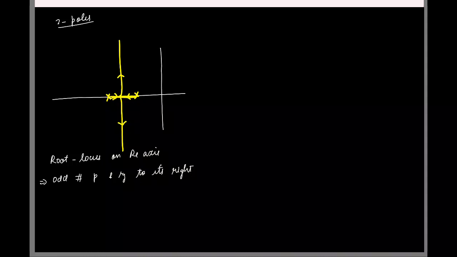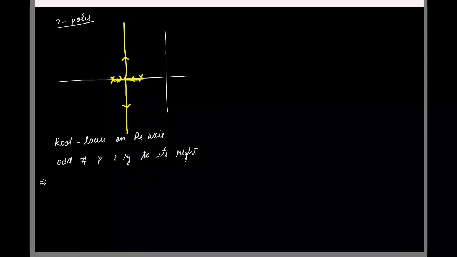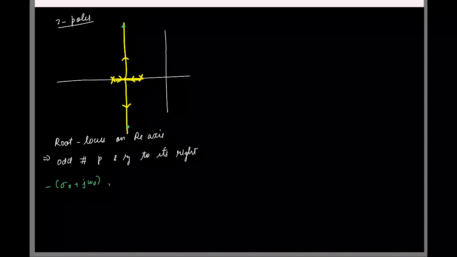Okay, but the problem is, if you choose a large DC gain, the closed loop poles might lie somewhere here. So these basically are at some minus sigma naught plus j omega naught and minus sigma naught minus j omega naught, right?